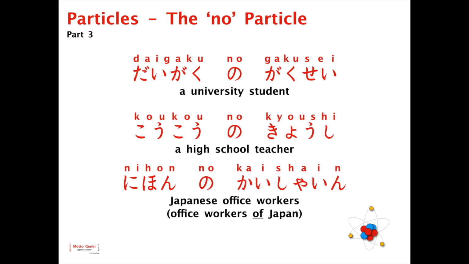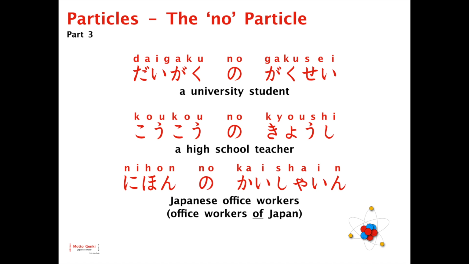Right, here we have some more examples. There is daigaku no gakusei, a university student. Koukou no kyoshi, a high school teacher. So koukou is high school, kyoshi is teacher, koukou no kyoshi is a high school teacher.